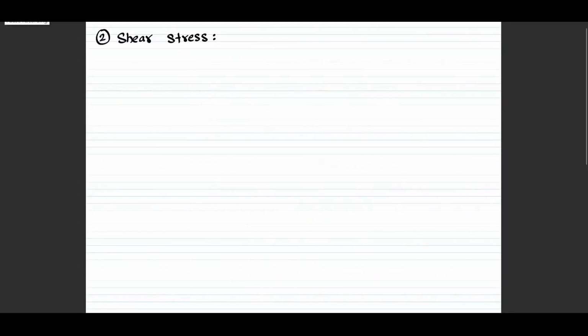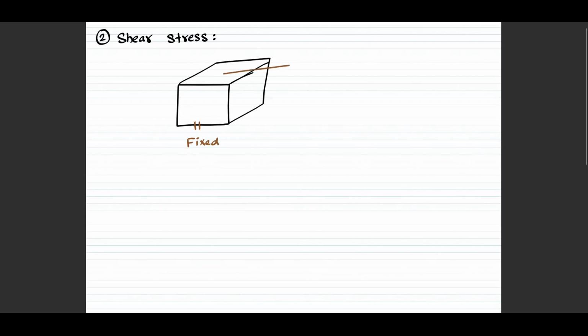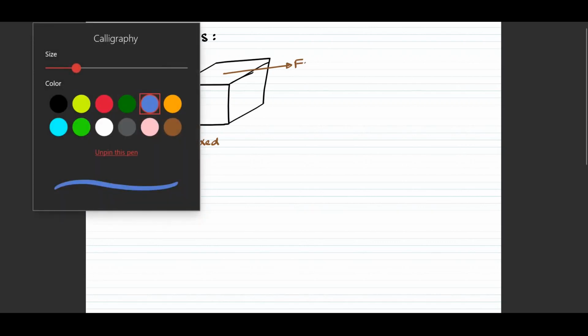Now let's discuss shear stress. In case of shear stress, say we have a fixed end and a force is applied like this. So can I say the dimension will be changed like this?